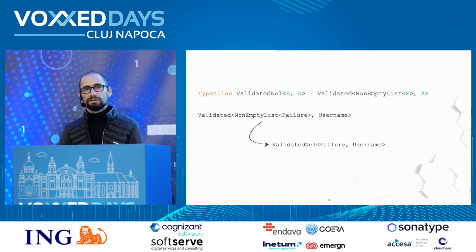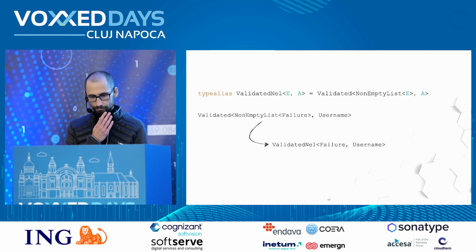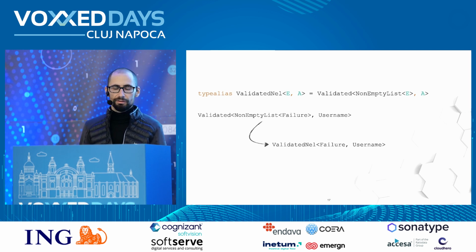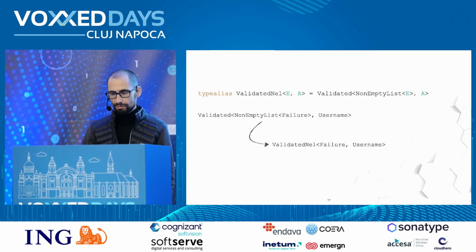Here, if you have one single top failure, domain failure, you could write your type alias even to shrink it even more, I don't know, to something like MySpecificValidated, just of the type on the right side, because on the left side we'll always have the type Failure.